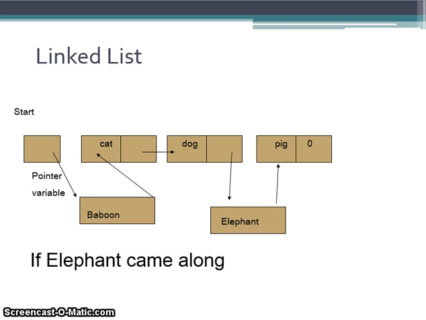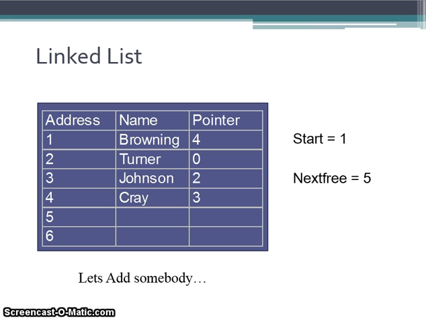Looking at it from the table point of view, a table is often much easier to see and understand, especially in programming terms. So here we've got another example. This is a list of people's surnames, and the start pointer, number 1, indicates Browning.